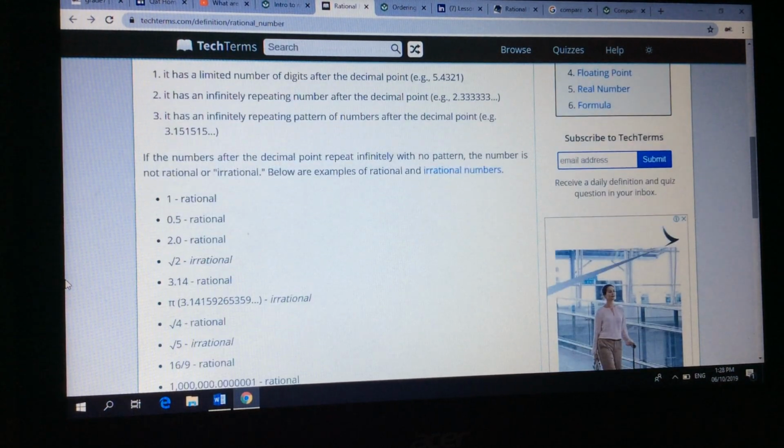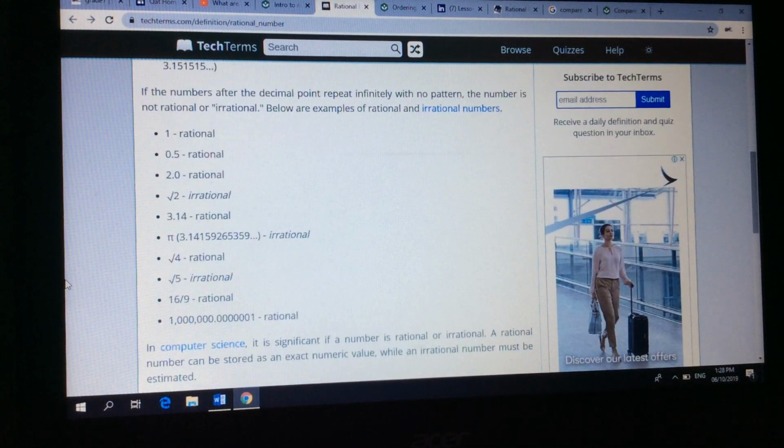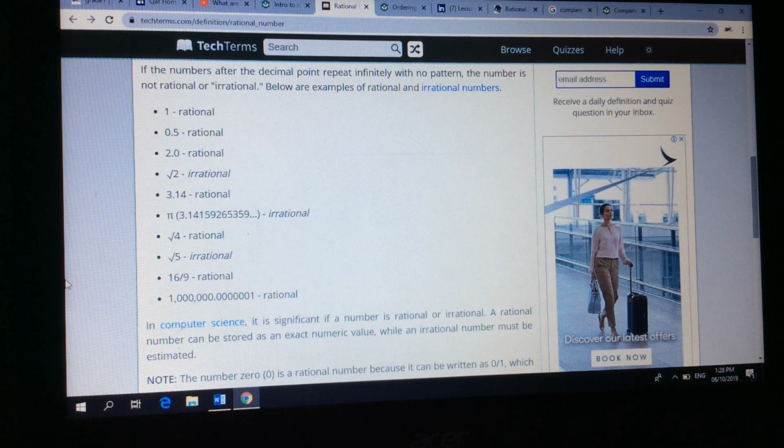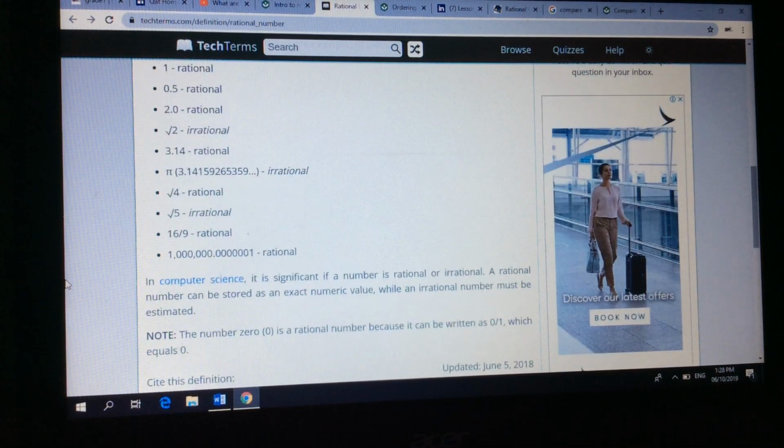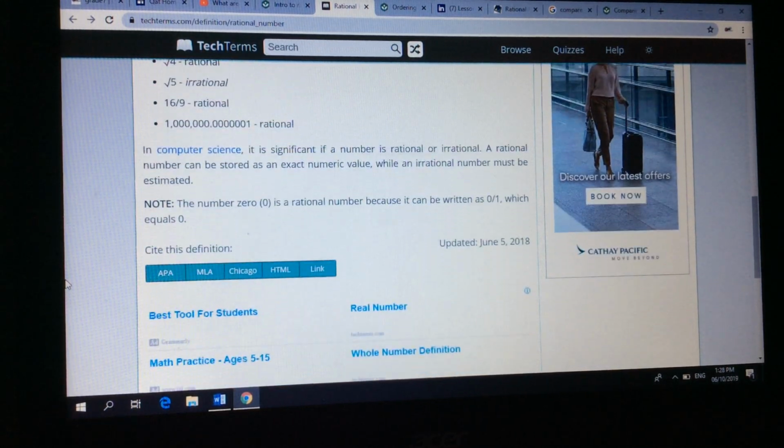Below are examples of rational and irrational numbers. 1 is rational, 0.5 rational, 2.0 rational, square root of 2 irrational, 3.14 rational, pi is equal to 3.1415926 and so on, irrational, square root of 4 rational, square root of 5 irrational, 16 over 9 rational, and 1 million point 0001 is rational. In computer science, it is significant if a number is rational or irrational.